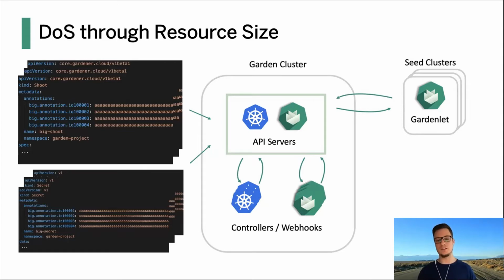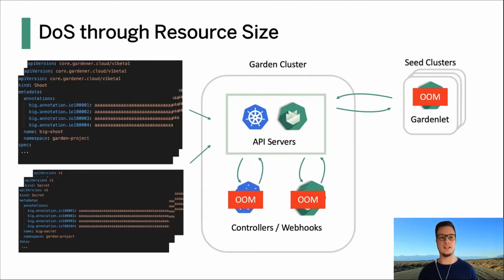The potential attack vector is that these controllers, components, programs will eventually face out of memory issues. That can happen for the Gardener Controller Manager, for example, for the Kube Controller Manager, but of course also for the gardenlets. And this is actually where the denial of service happens.